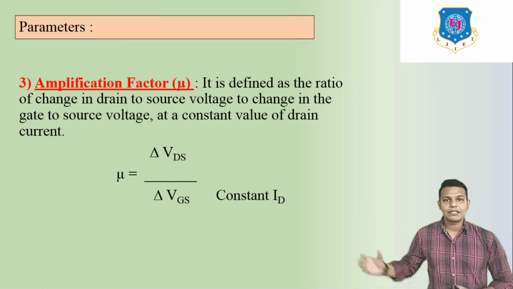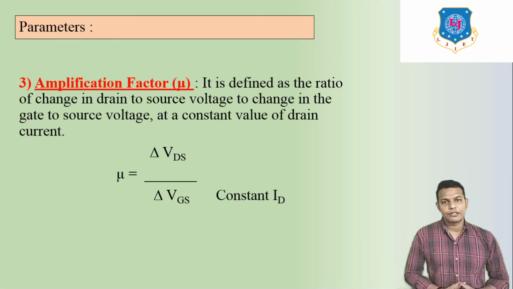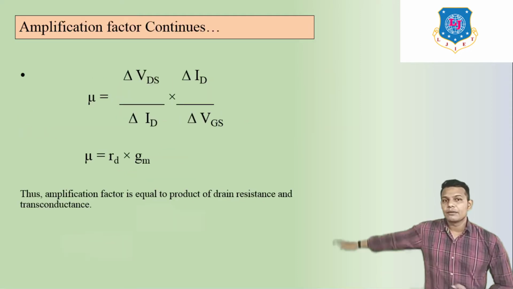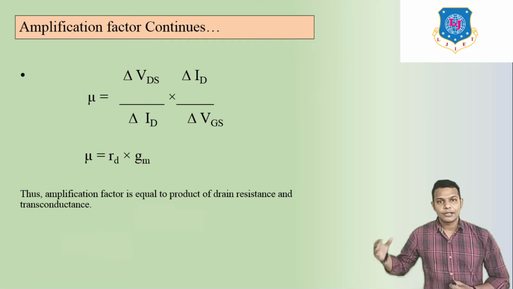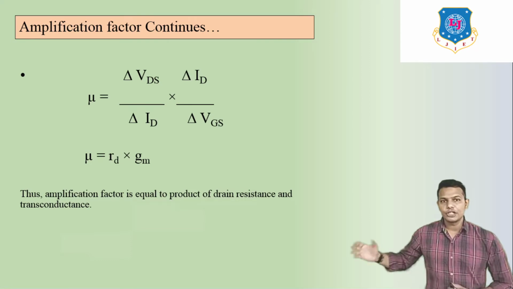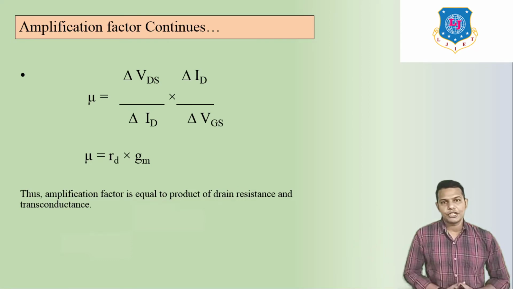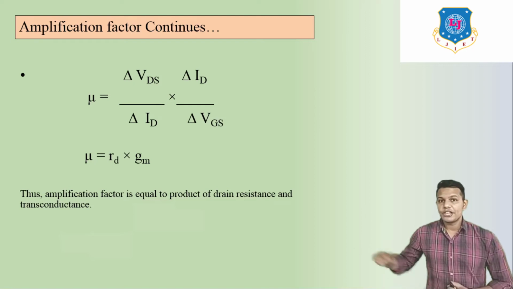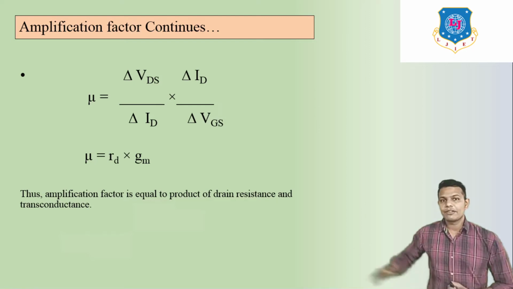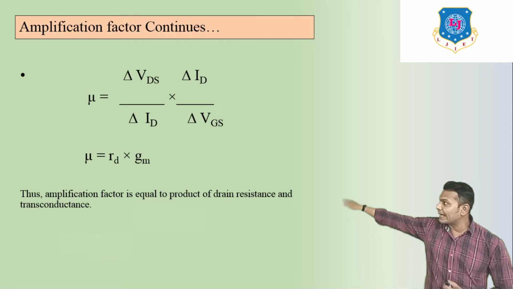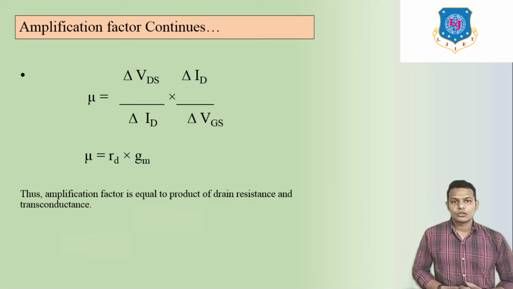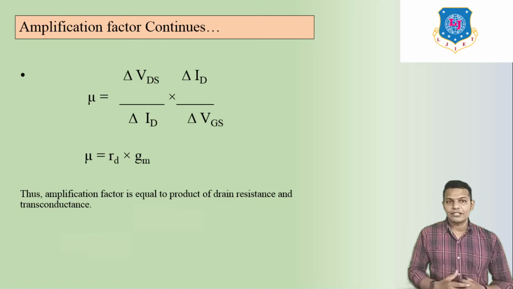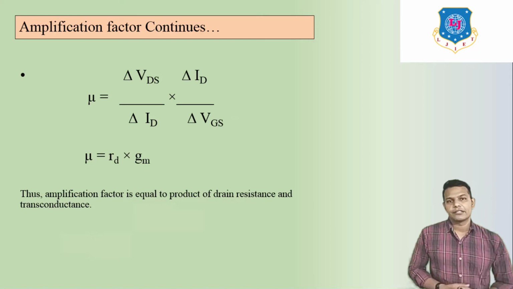Basically, mu is equal to delta VDS upon delta ID, which is the dynamic resistance RD, into delta ID upon delta VGS, which is Gm, the transconductance. If I cancel out delta ID, it becomes delta VDS upon delta VGS, which is the amplification factor. So it is equal to the product of drain resistance and transconductance.